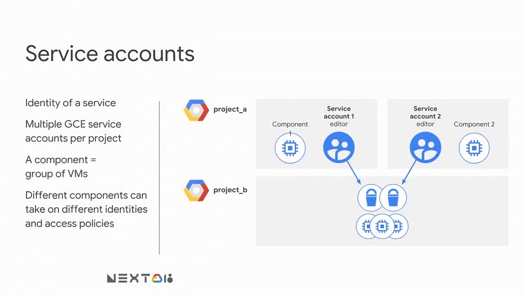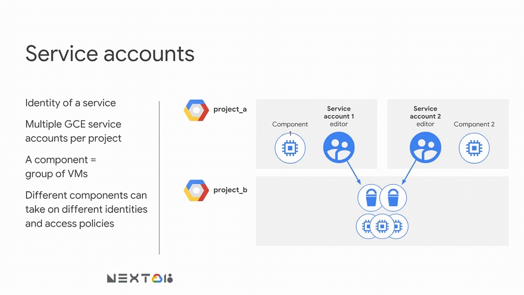I told you I was going to come back to service accounts. Think about a service account as the identity of one service. That's the best practice, that this service account should take the identity of a specific service you have. This service account can manage and be the identity of multiple virtual machines.